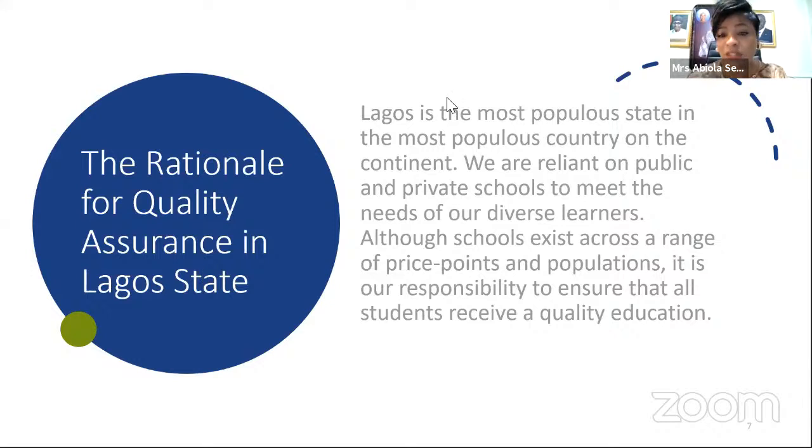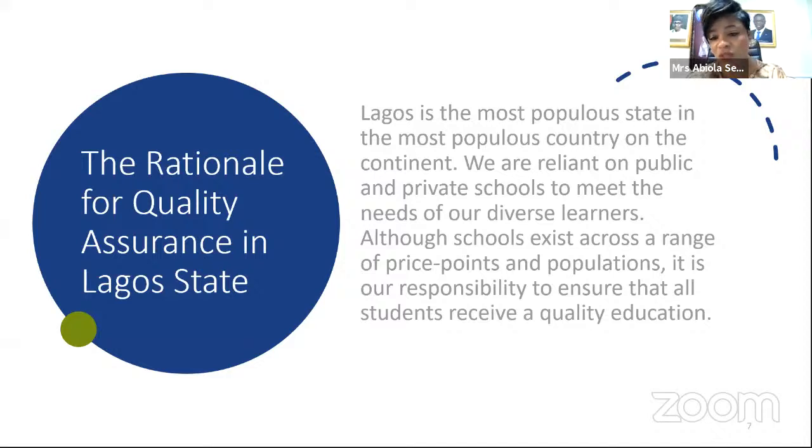But Lagos State is central to that population, and it's even evident when we're looking through the many private schools that we have within the state, juxtaposed with the public schools in the state. We know that public and private schools are working together as partners to ensure that all children are educated within the state. It is our responsibility to ensure that students receive a quality education.